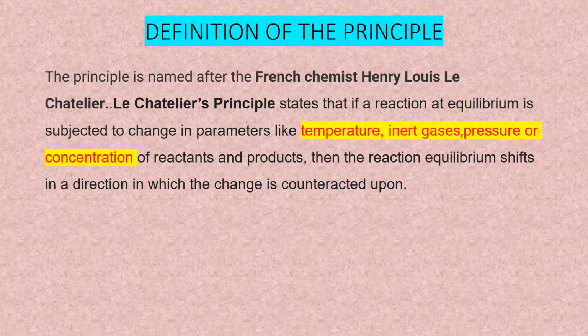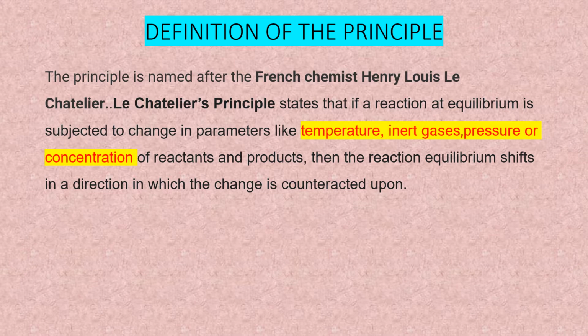Definition of the principle. This principle is named after French chemist Henri Louis Le Chatelier, known as Le Chatelier's principle, and this principle states that at equilibrium, if a reaction is subjected to change in parameters like temperature, inert gases, pressure, or concentration of reactants and products, the reaction equilibrium shifts in a direction in which the change is counteracted upon.